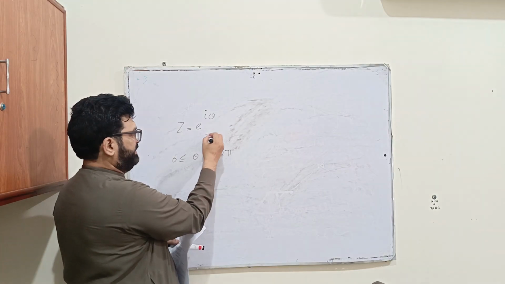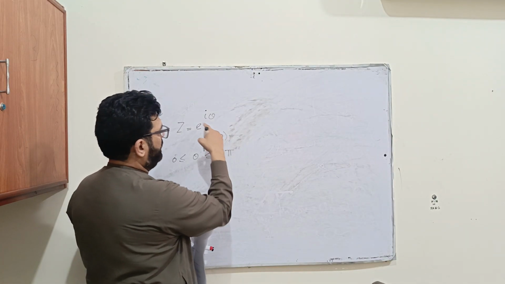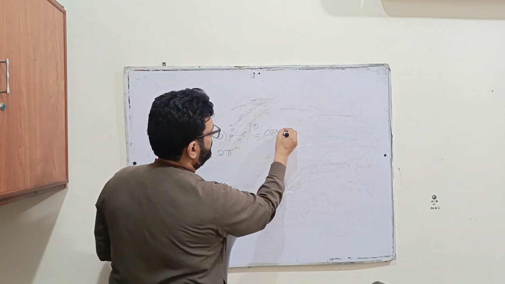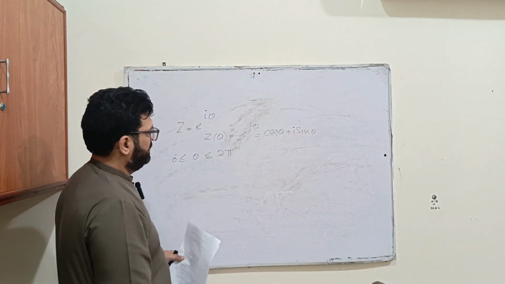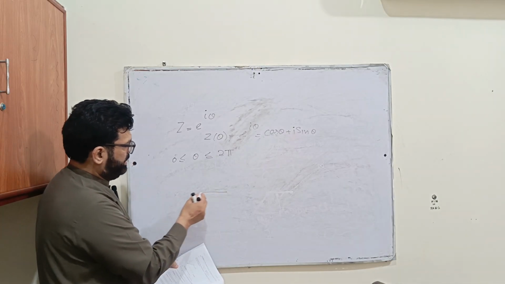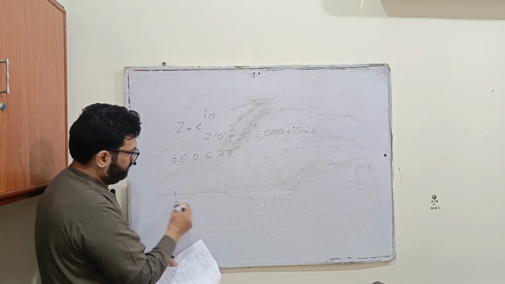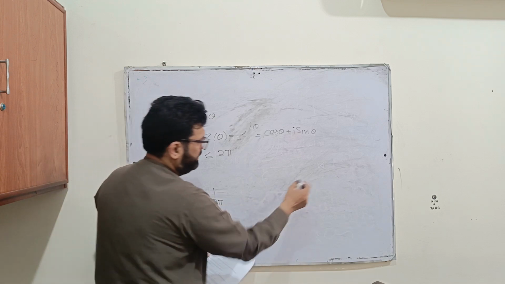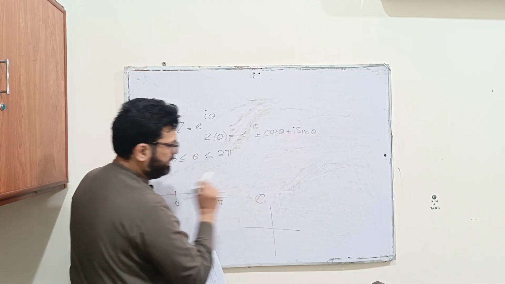This can be written as z of theta or z of t. Theta is the parameter, and this is e to the iota theta, and it becomes cos theta plus iota sin theta. So here is the parameter theta from 0 to 2 pi. From 0 to 2 pi, this is theta, and this is the complex plane.